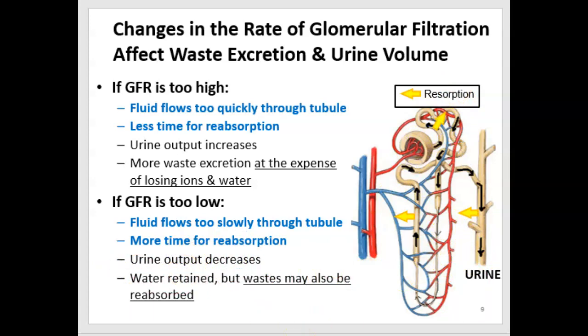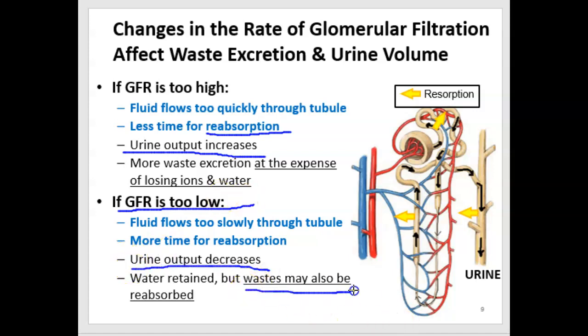So it's important just to make the link right now that high glomerular filtration means you're going to have more urine output, less reabsorption from the nephron back into the body fluids. If GFR or glomerular filtration is too low, then you won't make as much urine, that's true.